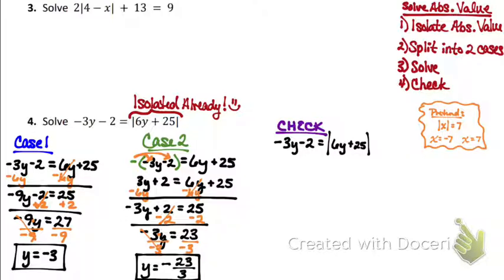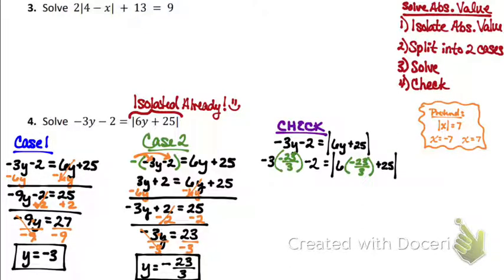That fraction, -23/3. So I have -3 times -23/3 minus 2. I want to check to make sure that that is equal to the absolute value of 6 times, there's a y here, so I've got to put that fraction in here also, -23/3, plus 25.